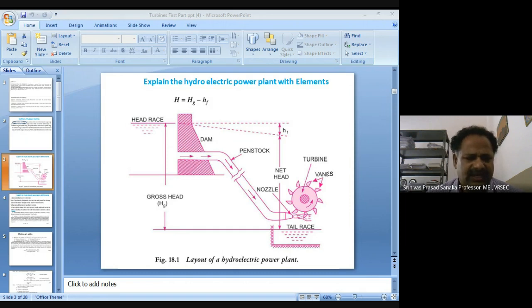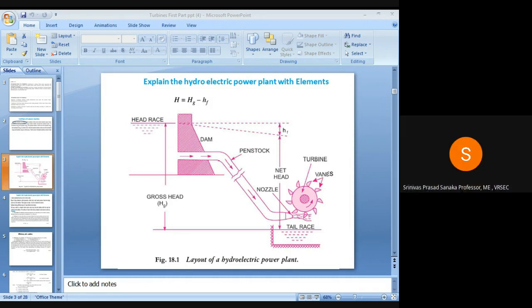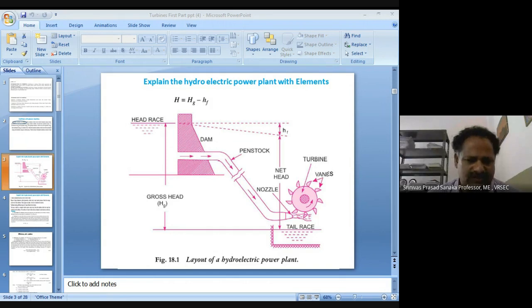The diameter of the penstock will be around 8 meters because more quantity of water has to be conveyed from the reservoir to the turbine. Therefore, larger size pipelines are used. They are called penstocks.